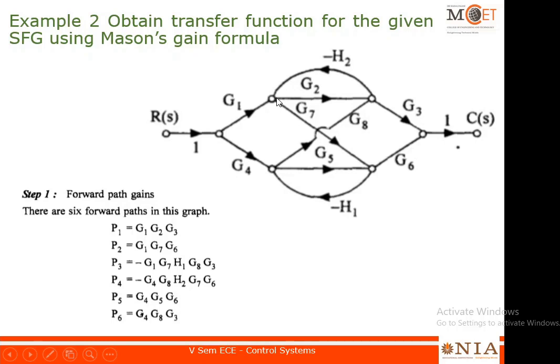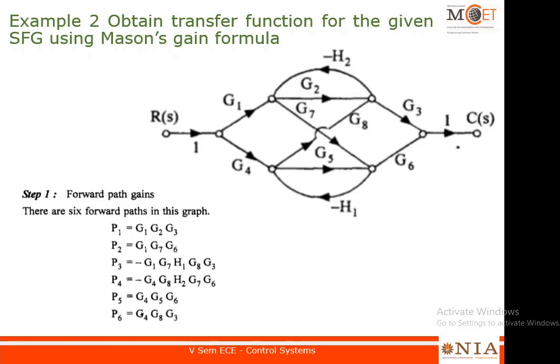Okay, this is one loop. It starts from this point and ends at the same point. So I'll come again like this. G7 minus H1. This is a jumper, there's no connection here, so this goes like this, G8 and minus H2. So there are three individual loops.